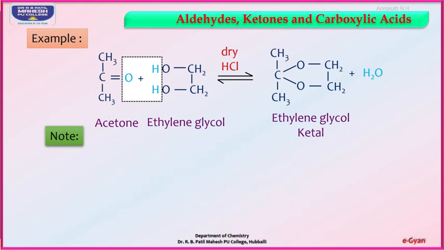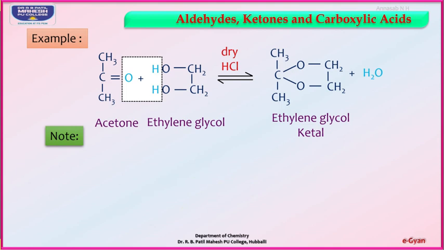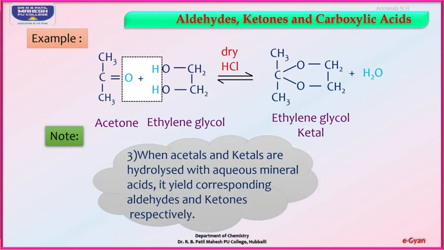And also the positive charge on the oxygen atom increases the electrophilicity of the carbonyl carbon. Hence, nucleophiles easily attack the carbon atom. And also, when acetals and ketals are hydrolyzed with aqueous mineral acids, they yield the corresponding aldehydes and ketones respectively.